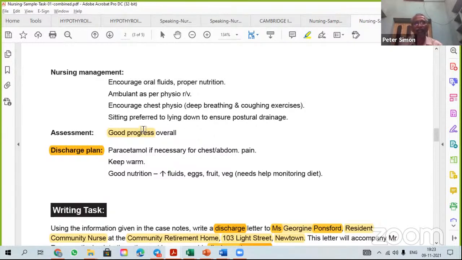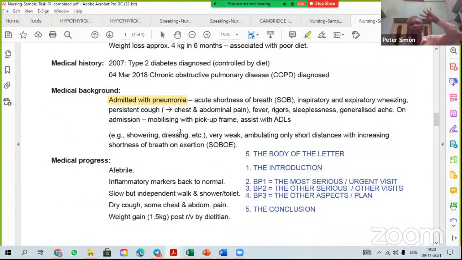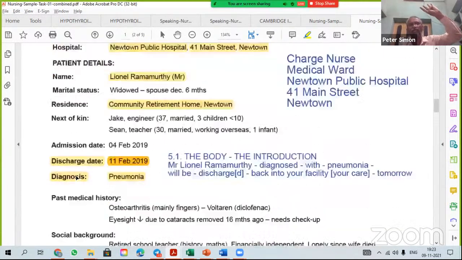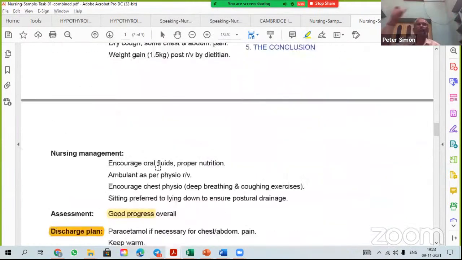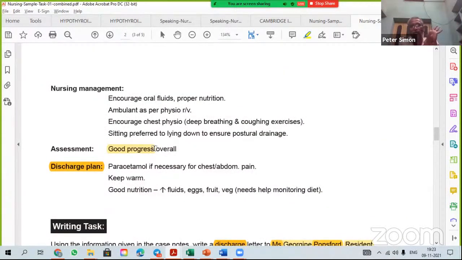So you already see here, diagnosed with pneumonia, number 1, you can write. Admitted with pneumonia, you can write. Recuperating from pneumonia, you can write. Three things you can write: diagnosed with pneumonia, admitted with pneumonia, recuperating from pneumonia.